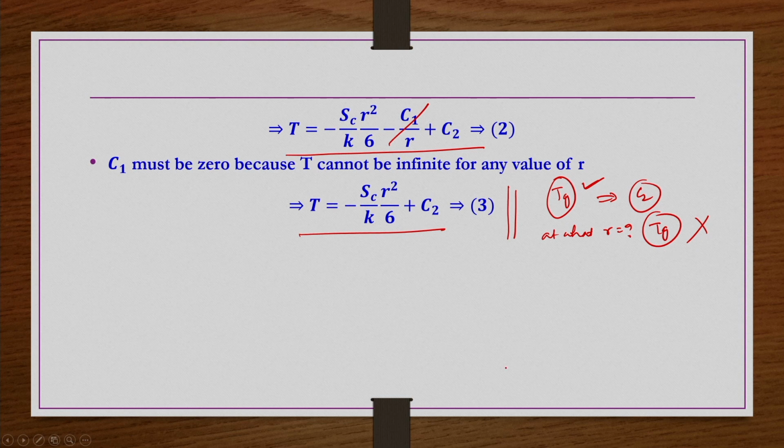Only then can we apply these boundary conditions. In the case of Tr, we know the location at R equal to capital R, but this Tr is a function of Sc. So even though we know the location, the exact value of Tr we do not know a priori. So we cannot use this boundary condition also.